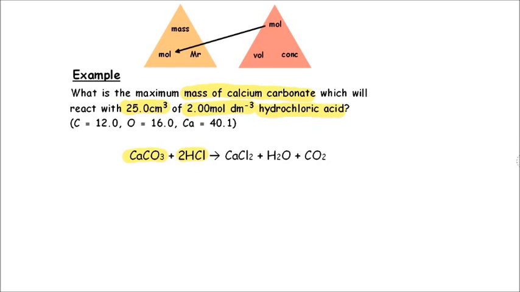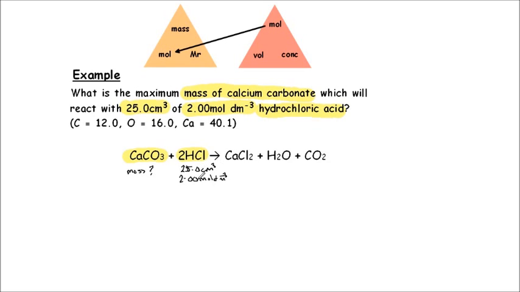Okay, so let's pick out the key information that we've got then. We want to find out the mass of this. We know that there are 25.0 centimeters cubed of this, that's a volume, and we've also got 2.00 moles per decimeter cubed of this as well.